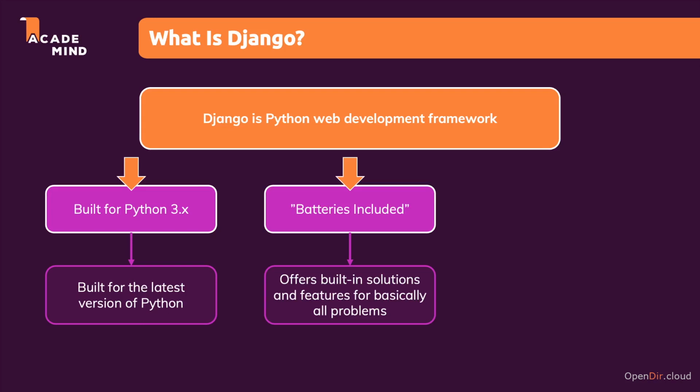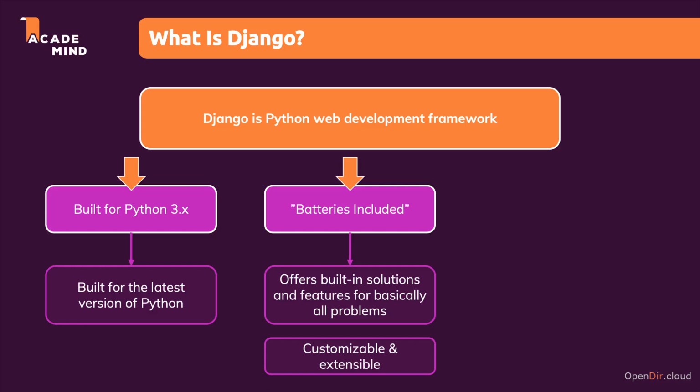Now, whilst Django includes all those features, it also is very customizable and extensible. As you will also see in this course, you can configure many aspects of Django so that you have those built-in functionalities, but you can still fine-tune them so that they fit your requirements and they do what you need them to do.